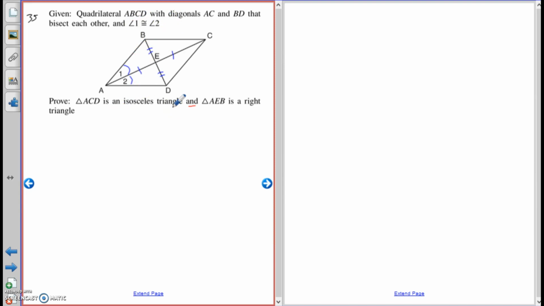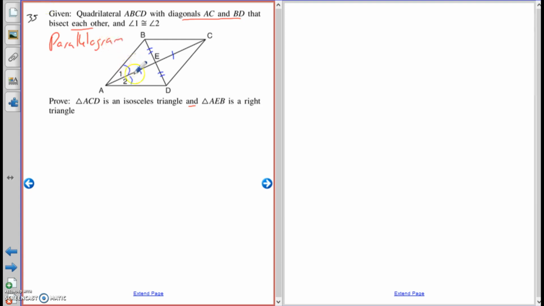And the big part of what's given to you and what they're trying to say, that's a big part of it. Like diagonals bisect each other. That has to be a red flag in your mind. Where have I heard that before? Oh, that's a property of a parallelogram. In fact, that's a way to prove a parallelogram. So by telling me the diagonals bisect each other, that's their way of telling me it's a parallelogram.